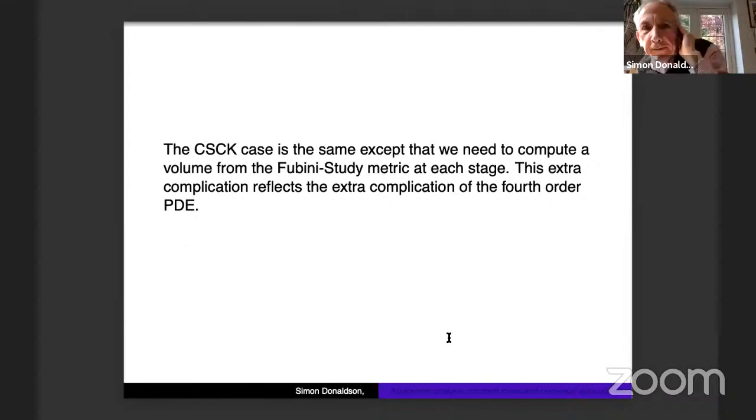In the constant scalar curvature case, there's a bit more, because you have to compute the Fubini-Study metric at each stage, which will be determined in a more complicated way by your metric G. This extra complication reflects the extra complication of the problem, the fact that from the PDE point of view, you're solving a fourth order equation rather than a second order equation.